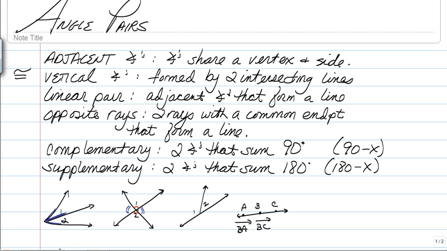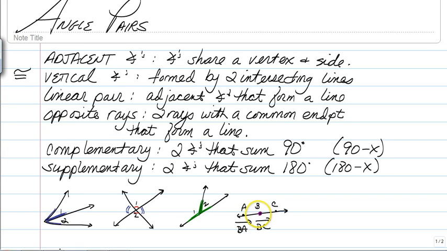Linear pair. They are adjacent angles, so they are next to each other, but they add up to 180 degrees. That would be this diagram right here. So you have this obtuse angle and this acute angle, when added together, are 180 degrees. Last one is opposite rays. Opposite rays are two different rays that have the same starting point.